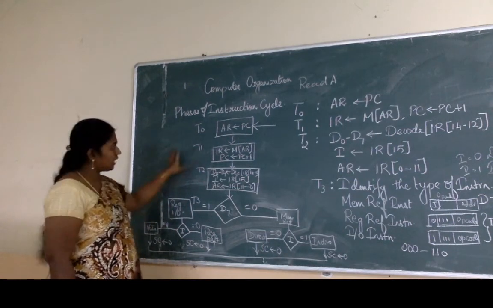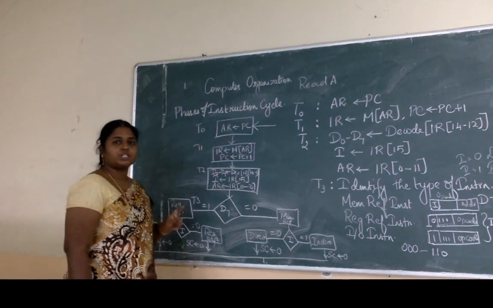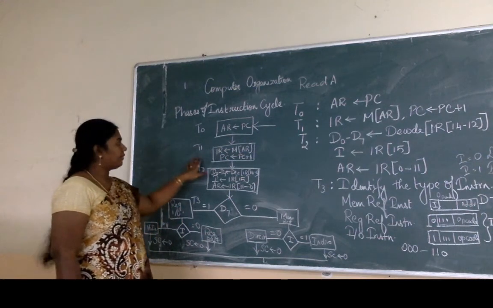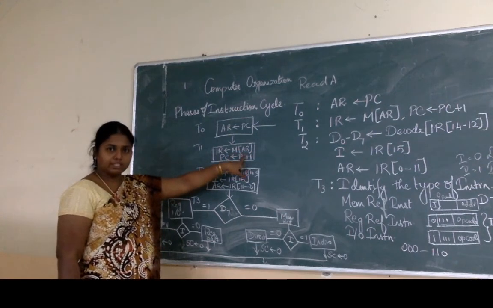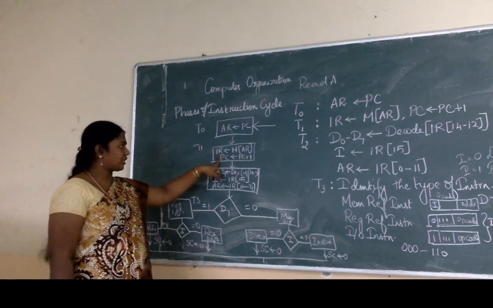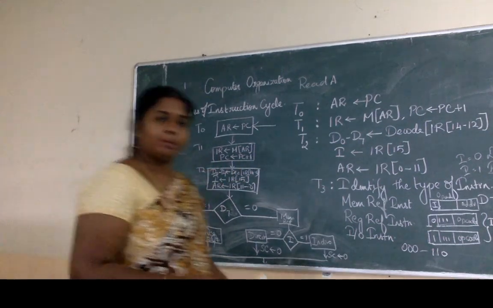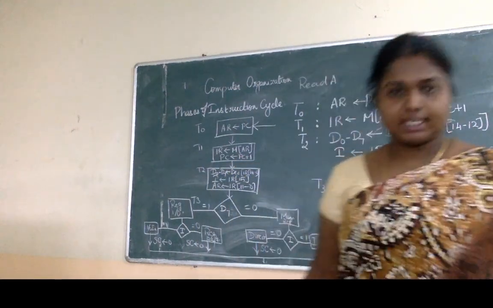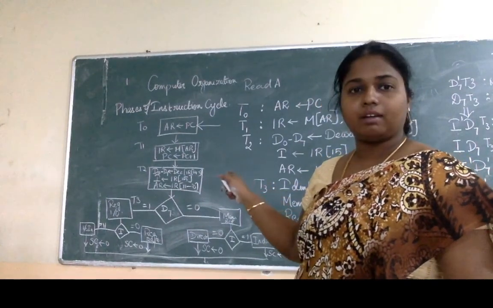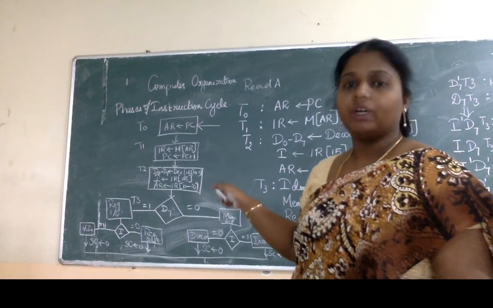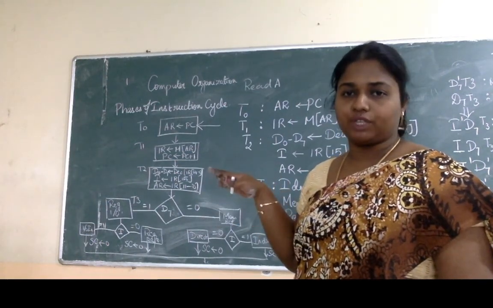So in the instruction cycle, at time cycle T0, I load the address of the first instruction from PC into the address register, and at time cycle T1, I bring that instruction from the memory location addressed by the address register into the instruction register and increment the value of PC by 1 to indicate the memory location from which I need to bring the next instruction. At time cycle T2, I have to decode the instruction, and at time cycle T3 I should start executing the instruction.